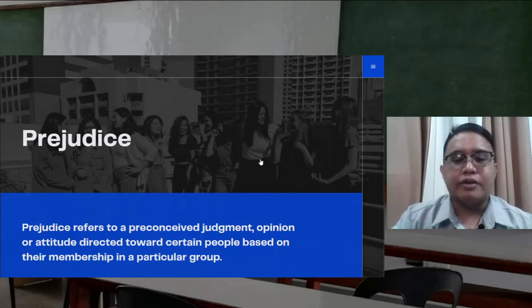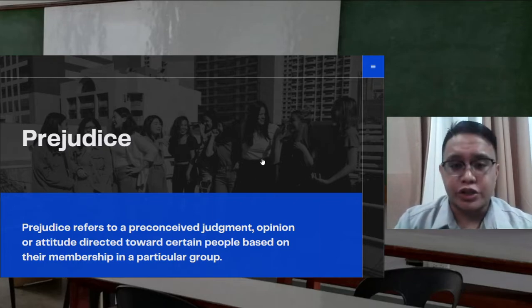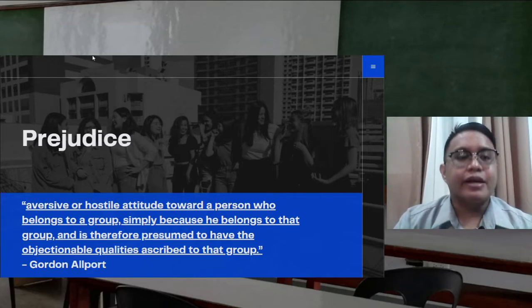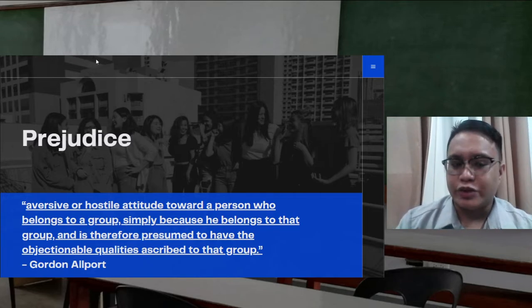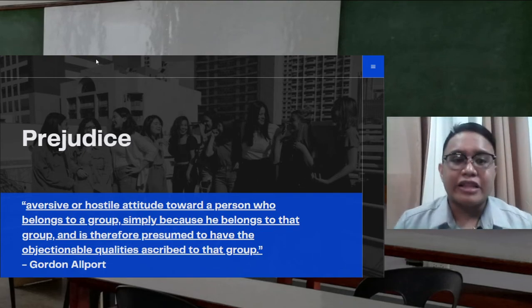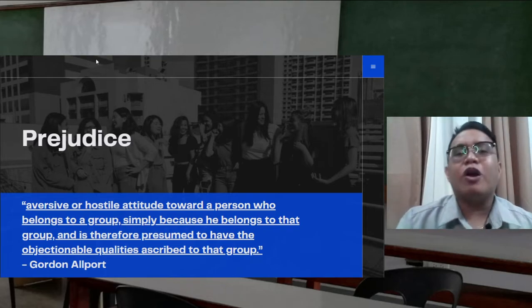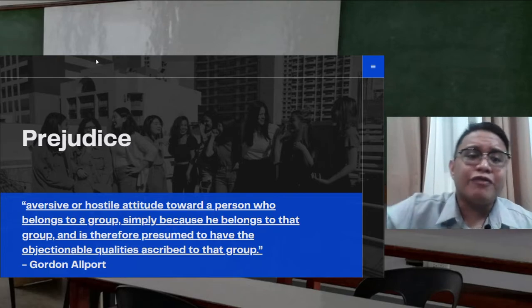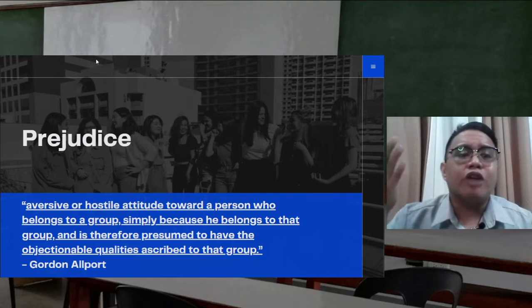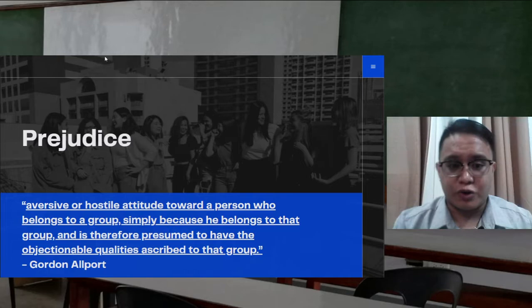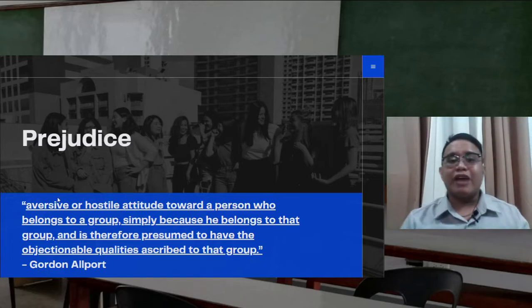Allport has given a sharper definition of prejudice: an adverse or hostile attitude, that means you feel they are an enemy, toward a person who belongs to a group simply because he belongs to that group and is therefore presumed to have the objectionable qualities ascribed to that group.